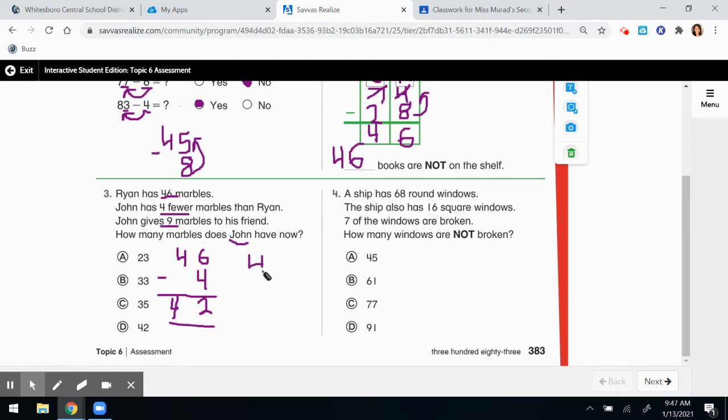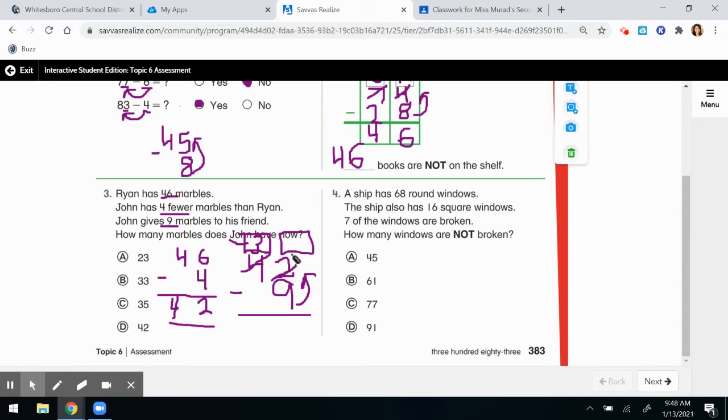So 42 minus 9. Draw my boxes in case I have to regroup. And I have to see, is 9 greater than 2? Yep, it is. I can't take 9 away if I only have 2. So I need to cross off 4 and make it a 3.